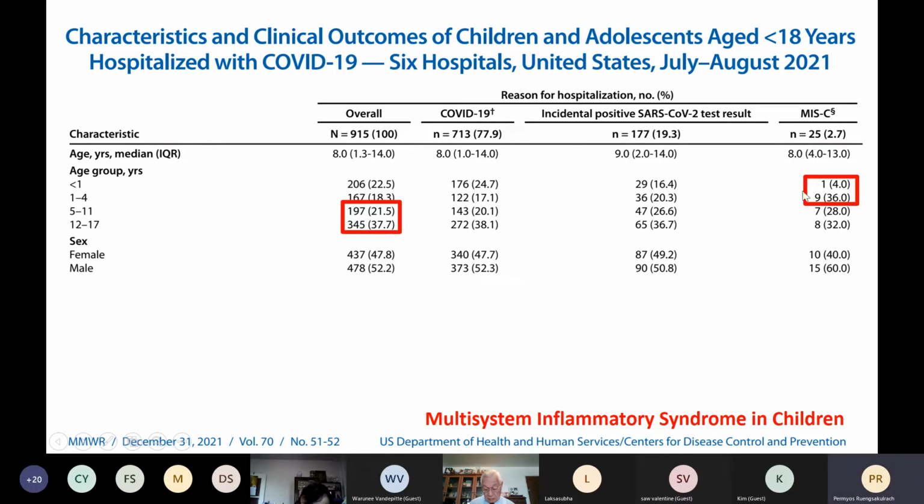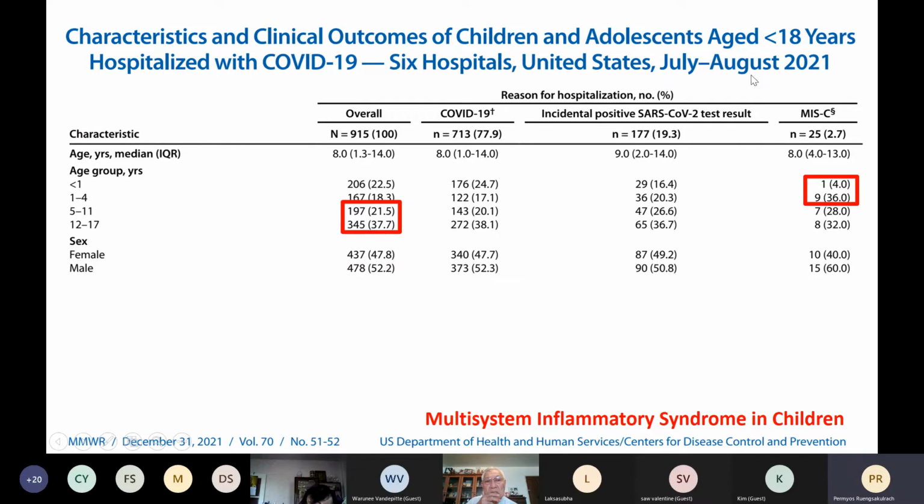And it can be severe too. About 40% of patients that have multi-system inflammatory syndrome in children are younger than 5. So this group is very concerning. So we might have to give the vaccine to these children also in the future.